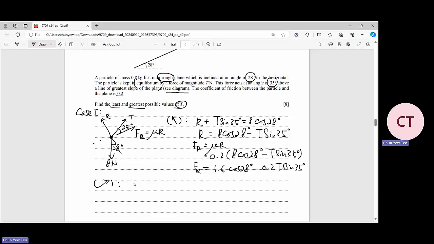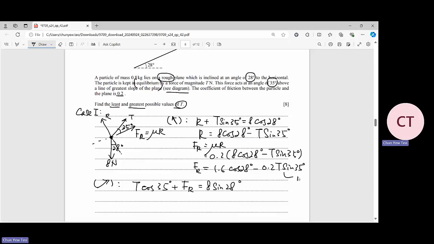So I have T cos 35 plus the F_R is equal to mg sin 28, which is 8 sin 28.